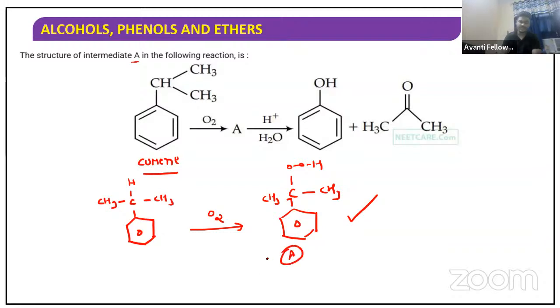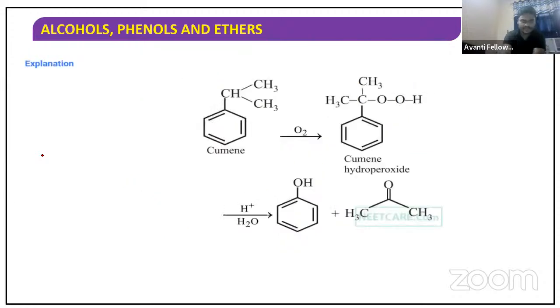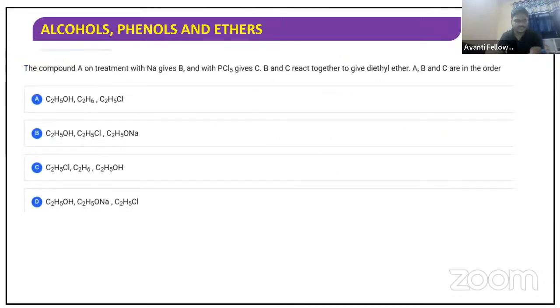You need to identify this intermediate only. So which option is correct, beta? This one, right? That is cumene hydroperoxide. Remember the name, beta. Cumene hydroperoxide. Is this clear? In this question, they are asking only the intermediate, so cumene hydroperoxide intermediate will be formed in this reaction.